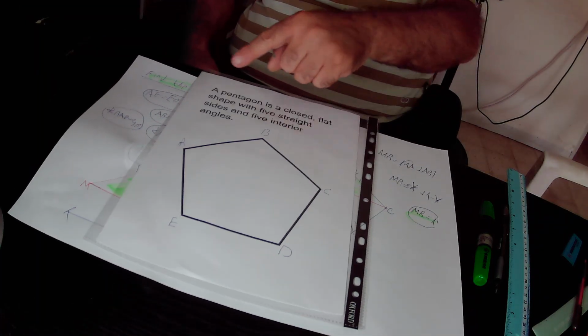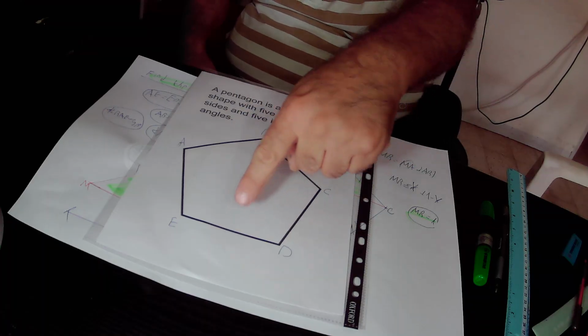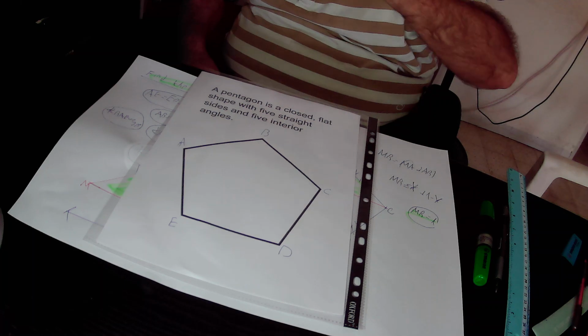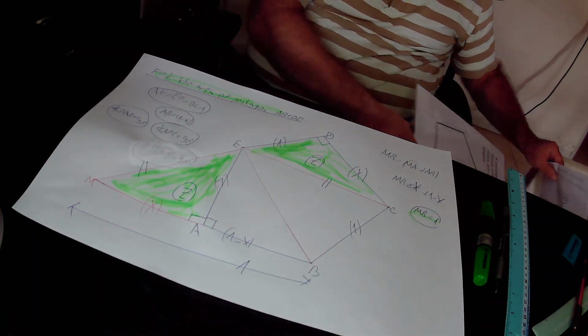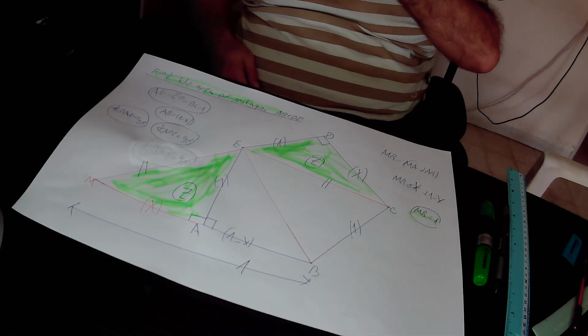This is pentagon ABCDE. Pentagon ABCDE consists of 5 sides: 1, 2, 3, 4, 5, and 5 interior angles: 1, 2, 3, 4, 5. So our task is to find out the area of this pentagon ABCDE.